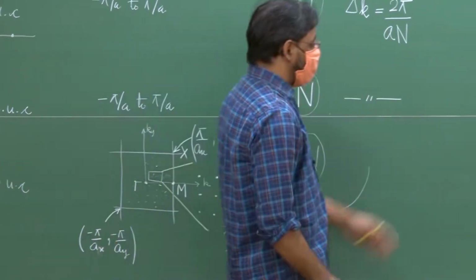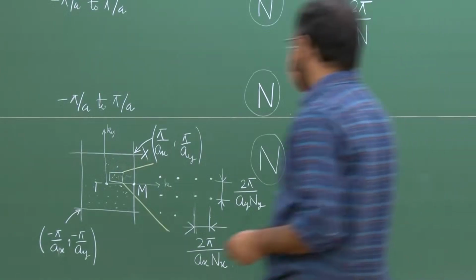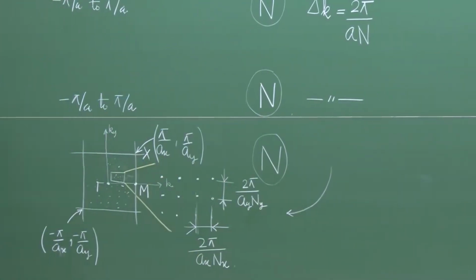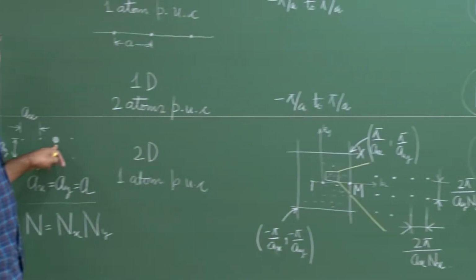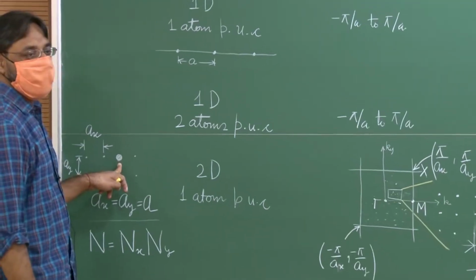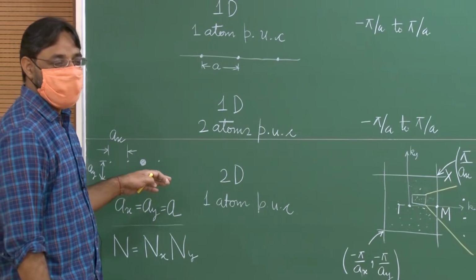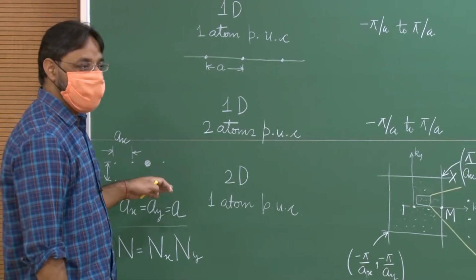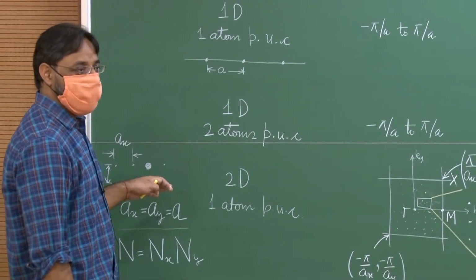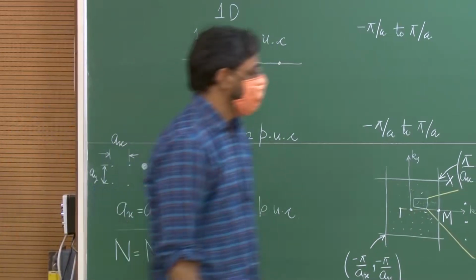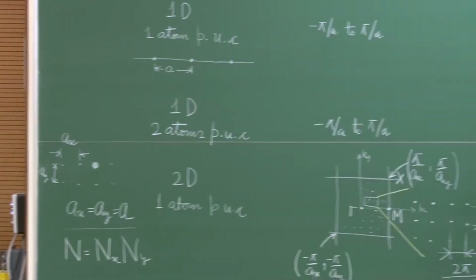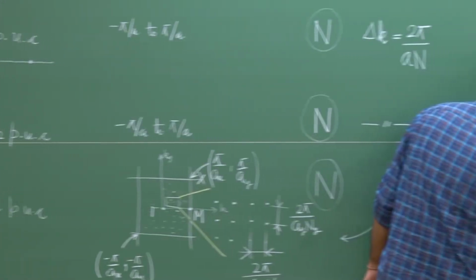Now, what about the number of modes? How many modes should be there? We just discussed that each atom has 2 degrees of freedom. Total atoms are n. So, therefore, 2n. So, the number of normal modes are going to be 2n.